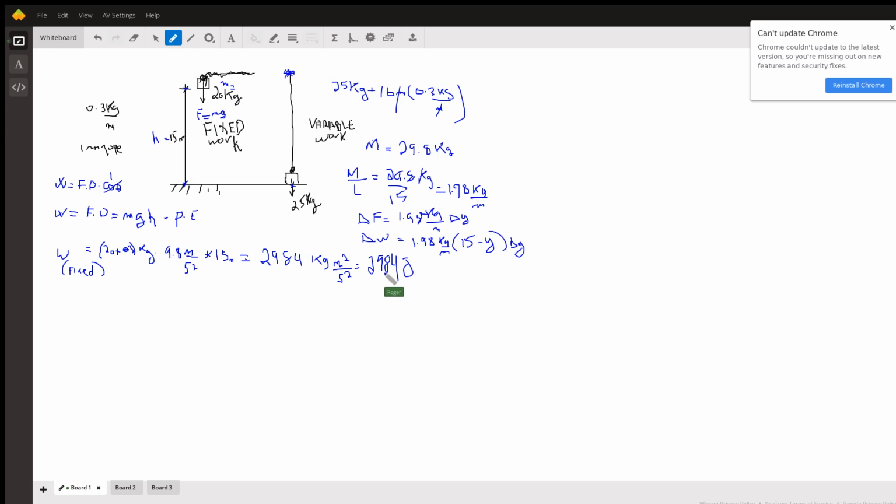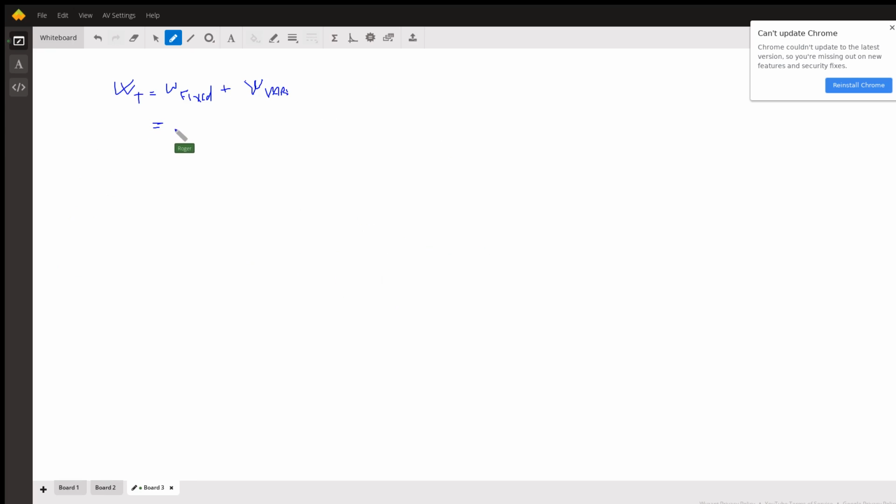It was 2984 joules, plus the variable work was 2185 joules.